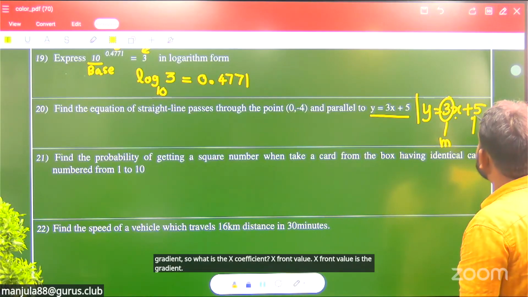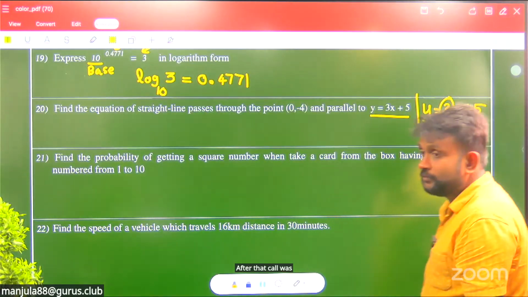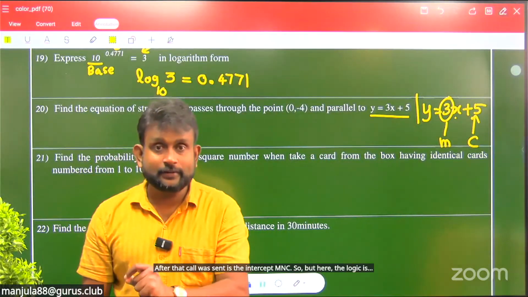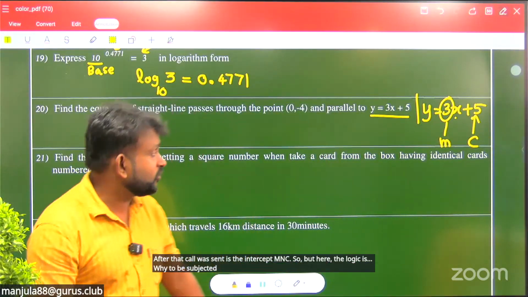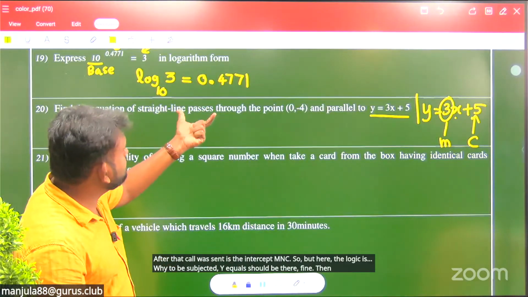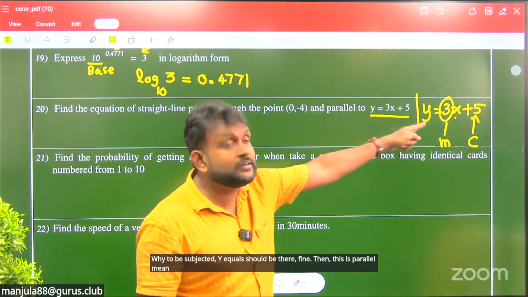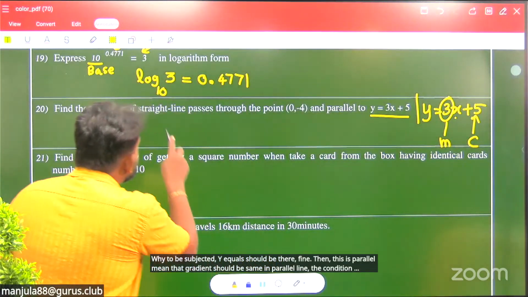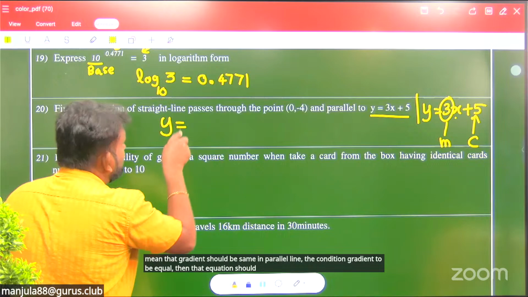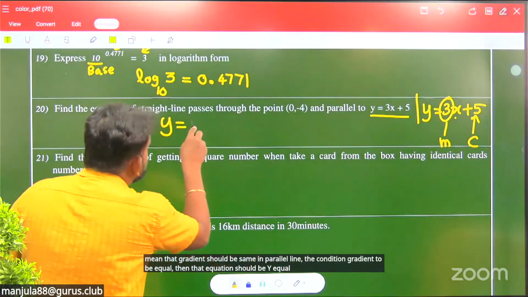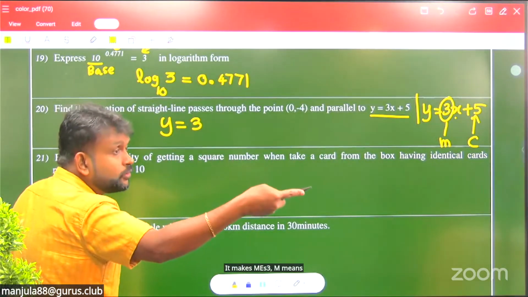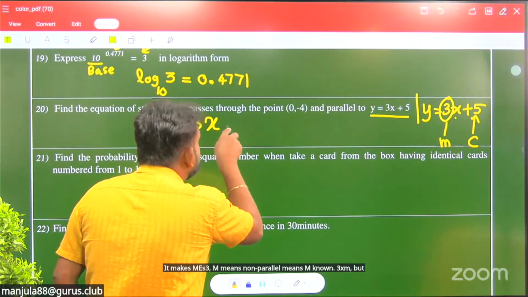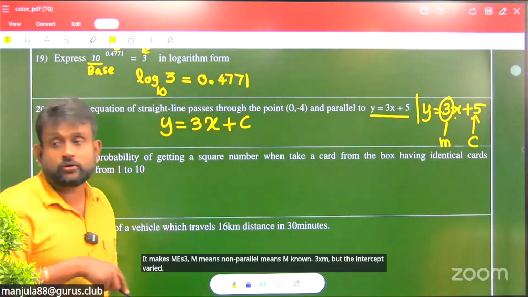The constant after that is the intercept, m and c. Since this is parallel, the gradient should be the same. So the equation should be y equals mx plus c, where m is 3, known, so 3x, but the intercept is different. We do not know the intercept.